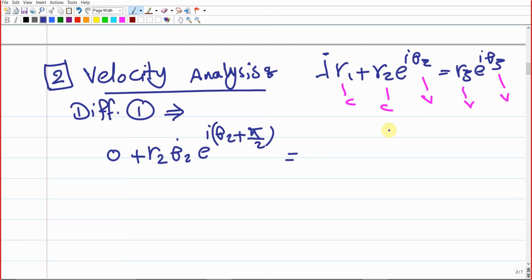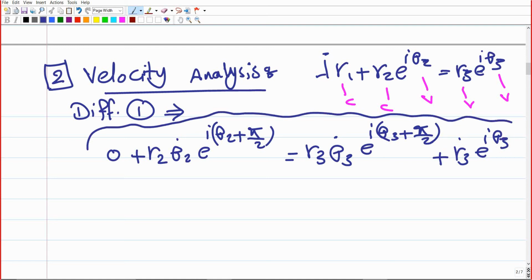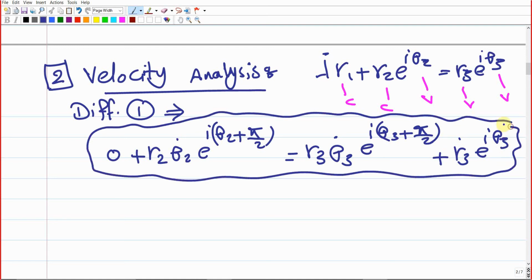Equals, we do have two variables, so we're gonna fix one like R3, then do the derivative with respect to theta 3, so it's gonna give us theta 3 dot e^(i(theta 3 plus pi over 2)), plus I'm gonna do the derivative over R3, so it's gonna be R3 dot e^(i theta 3). And this is gonna give us the second equation, which should be the equation for the velocity analysis. This is equation 2. Make sense?